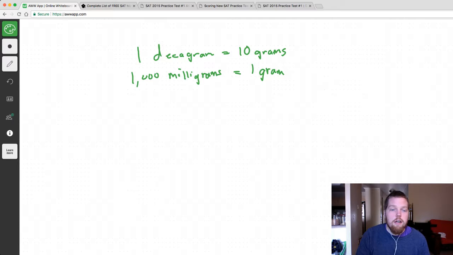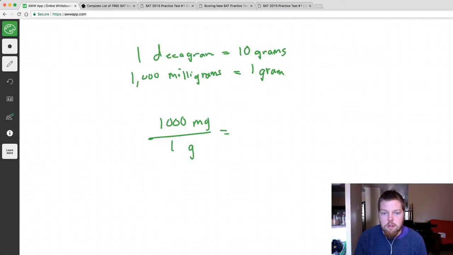Okay, so if there's 1,000 milligrams in 1 gram, then how many milligrams in 10 grams? We do 1,000 mg over 1 gram equals how many milligrams for 10 grams? Make a ratio. And to solve a ratio, we're going to cross multiply.